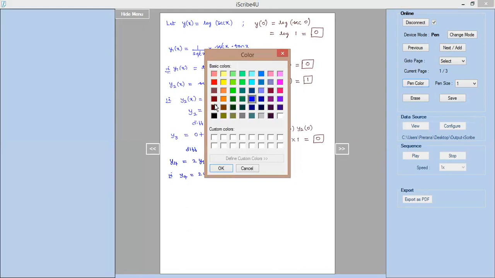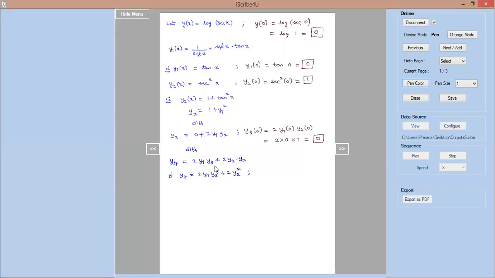So this is the expression for y4 of x. Now we have to obtain y4 at the point 0. So 2 into y1 of 0, y3 of 0, plus 2 into y2 of 0 whole square. I'll directly substitute the value for y1 of 0, which is 0. y3 is also 0.